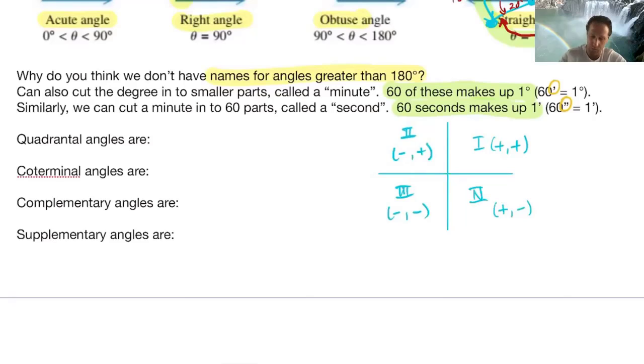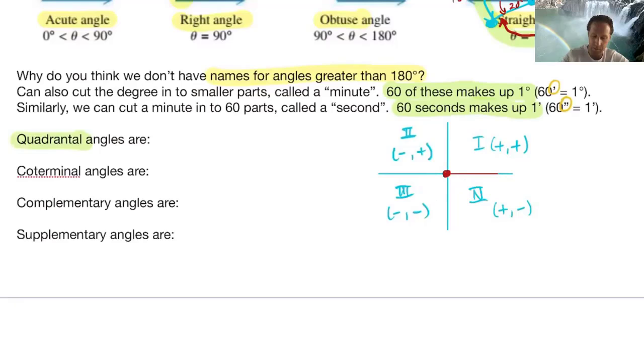And again, that is why we start from the origin facing the x positive direction, and we rotate it around counterclockwise, because of the quadrants and the positives and the negatives and the way that they decided to build these. So quadrantal angles are angles that lie on one of our 4 axes.